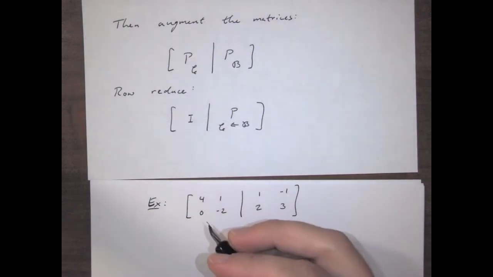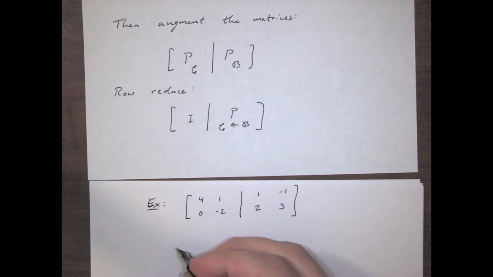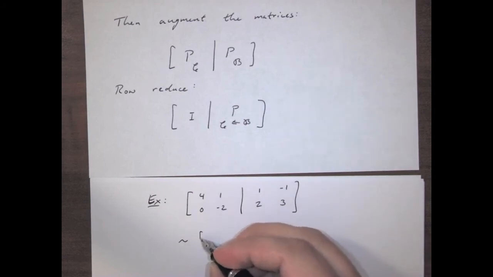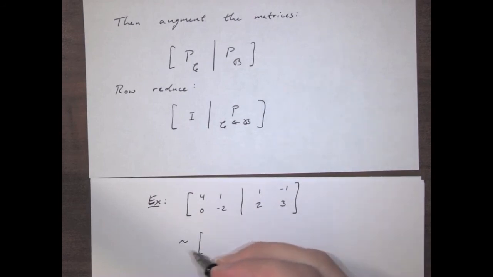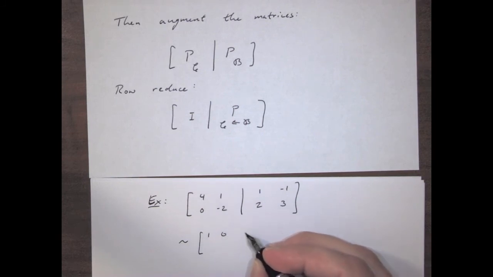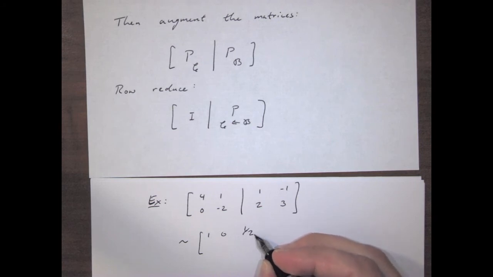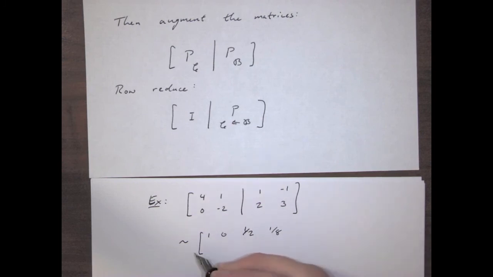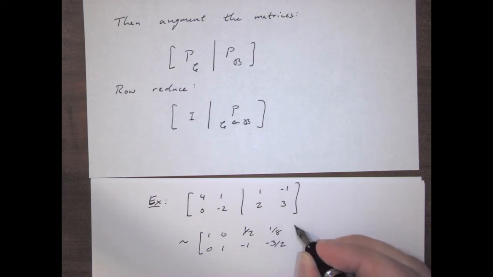Now we just do what we ordinarily do. Once we have augmented a matrix, the next step is almost always to row reduce it, and you can do this either by hand or by the miracle of technology. In any case, you will end up with 1, 0, 1/2, 1/8, 0, 1, -1, -3/2.